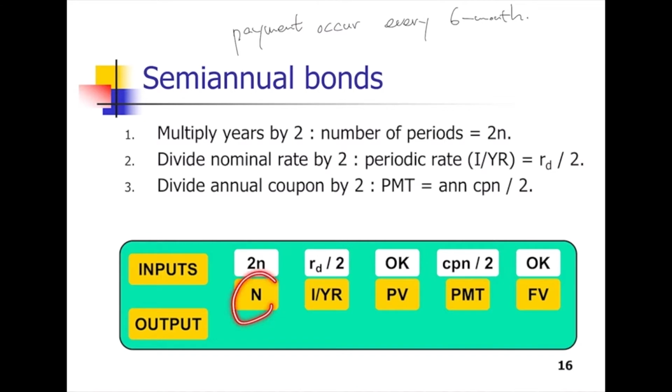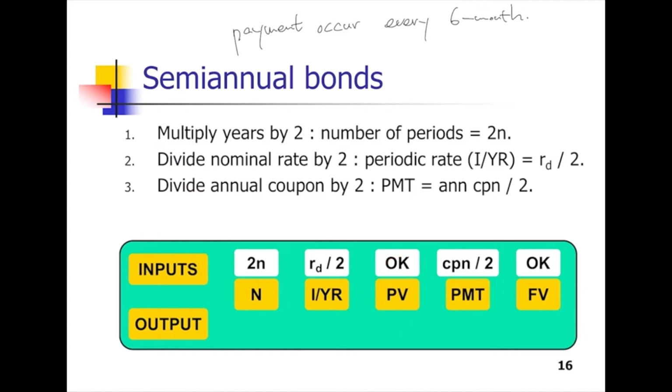So the number of periods, we just multiply by 2, right? So 2n. And I per year is an annual concept, so you should use the period rate, so divide by 2. And PV, the market value, is okay, right?